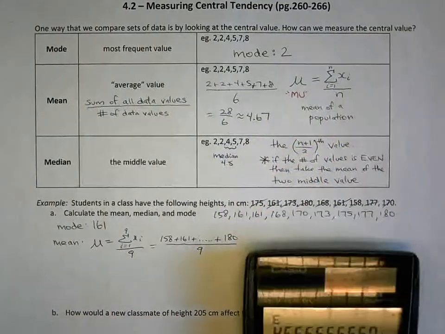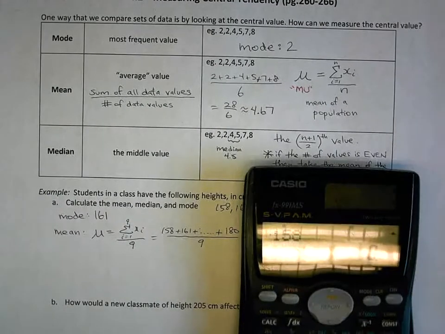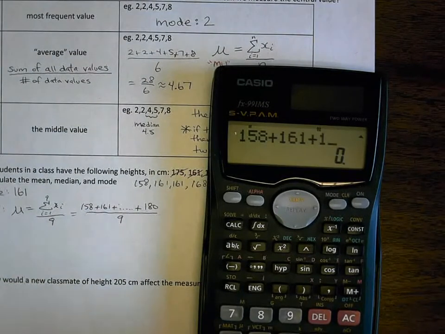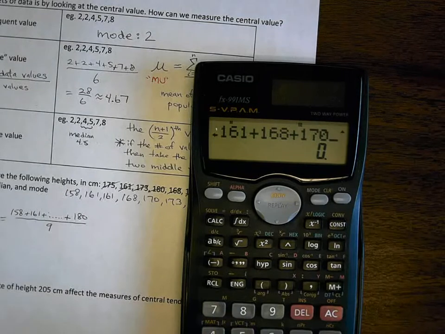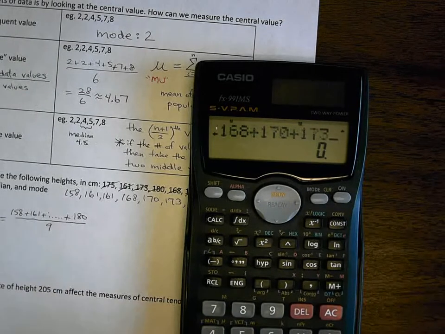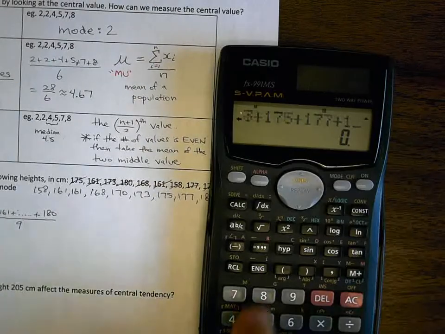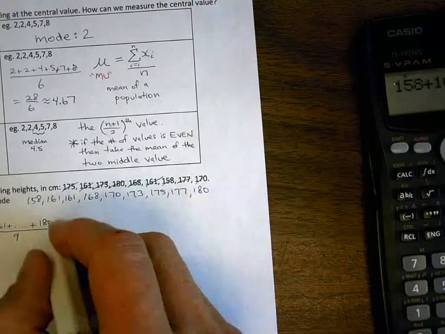Okay, let me type that into my calculator. Be careful, but quick. 158 plus 161 plus 161 plus 168 plus 170 plus 173 plus 175 plus 177 plus 180. That gives me 1523.